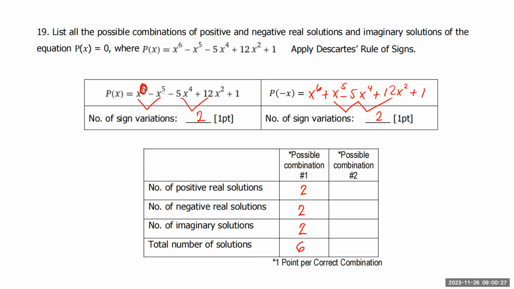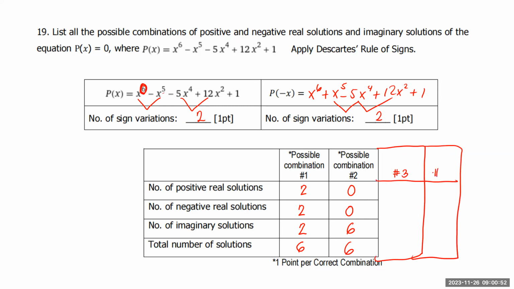And for the other possible combination, we have here 0, 0, 6, and 6. Actually, there are other combinations as well. So let's try to add columns here.